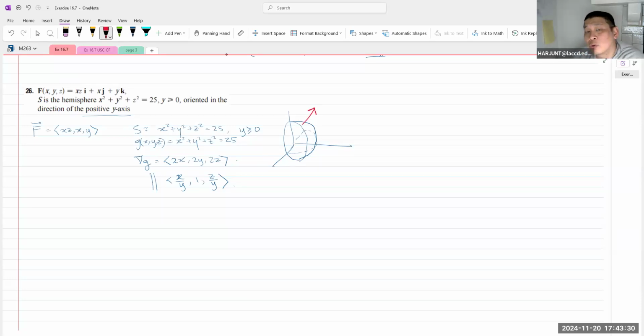Now, is the length equal to 1? We don't know yet, but I think we can see that later on. I don't think that's the issue. Okay, that's the normal vector. Not unit though. It's not a unit normal.